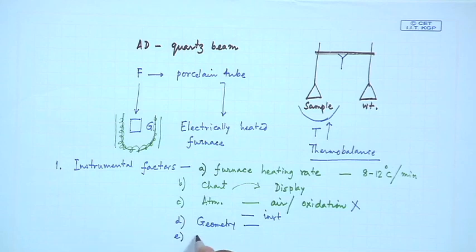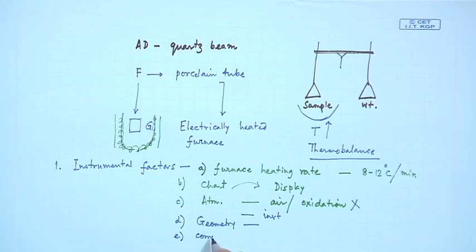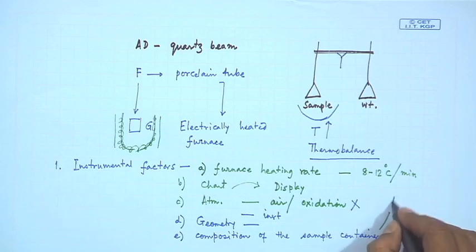the composition of the sample container is important, where we keep that particular sample, that means the crucible.